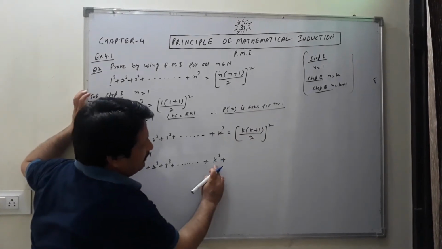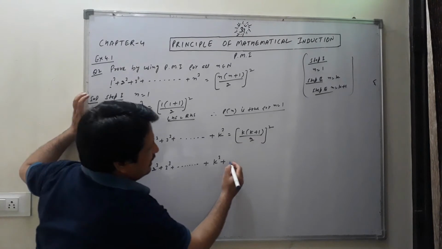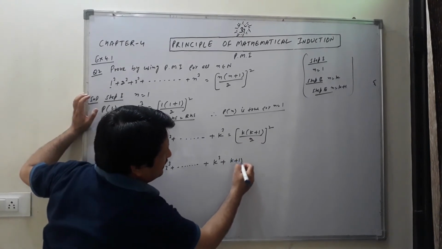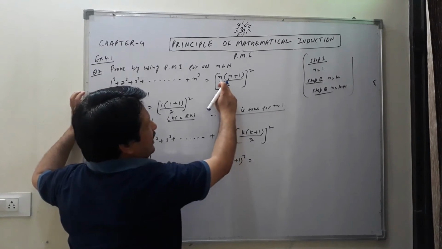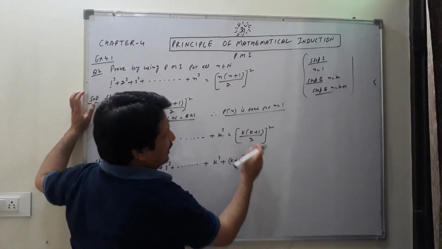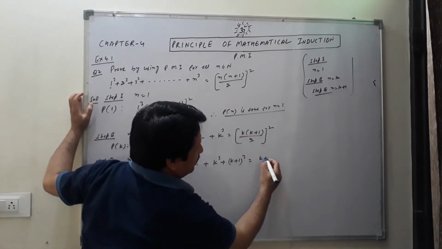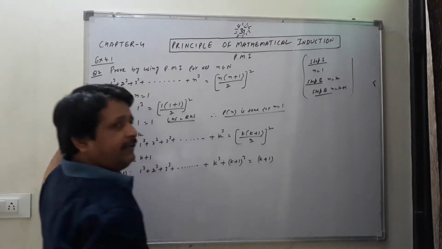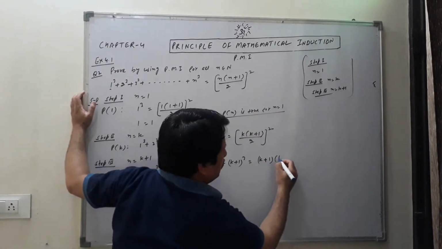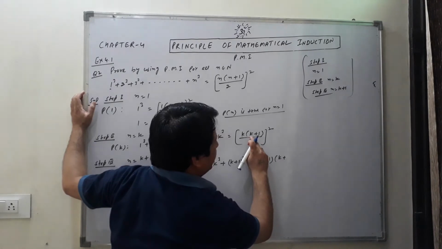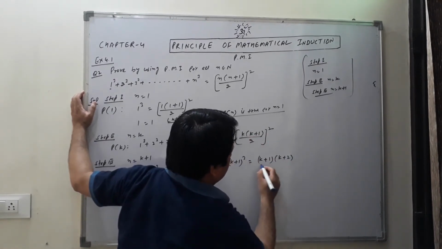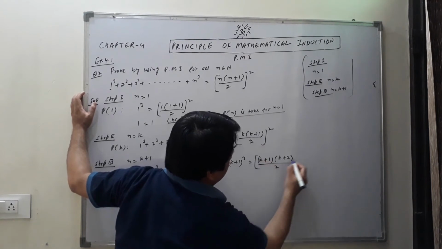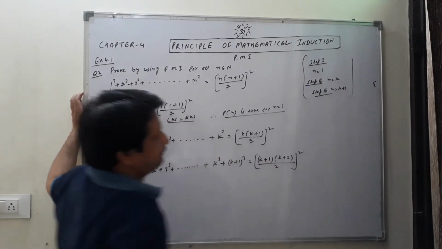Now, students, the next term will be k plus 1 cubed, is equal to, in the right hand side at the place of k, now we will write k plus 1, so it will come as k plus 1 into k plus 2 upon 2, whole square.